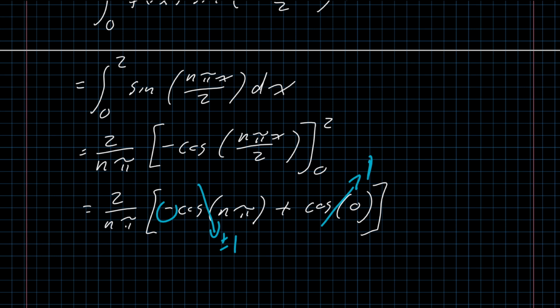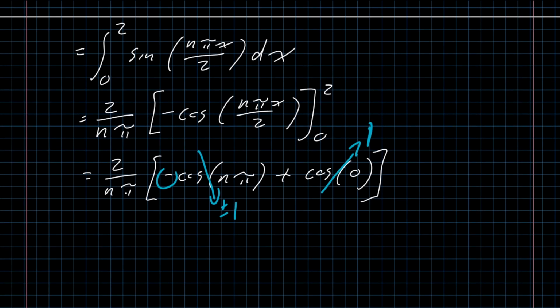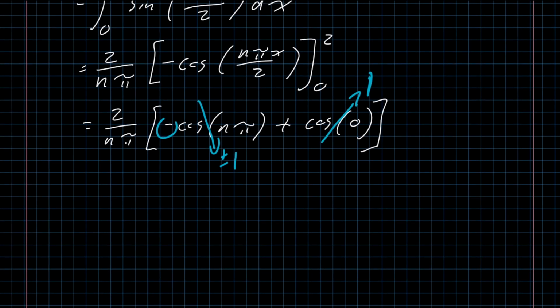Then we have a negative in front that gives us a positive 1. When n is 2, cosine of 2 pi is positive 1. Take that negative in front, and we get negative 1. Cosine 3 pi would be negative 1. Take the negative in front, that gives us a positive 1. And so on and so on.